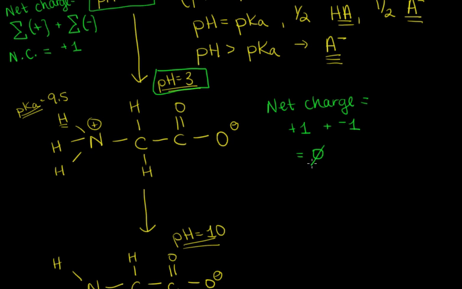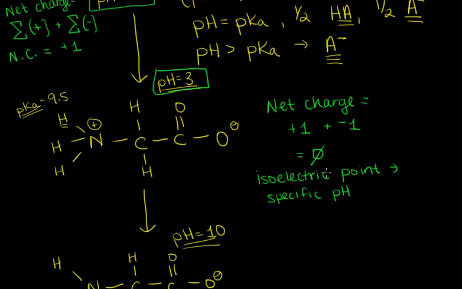And this is really interesting because we have no net charge. This is called the isoelectric point. And this point actually refers to the specific pH at which we finally reach this net charge of 0.